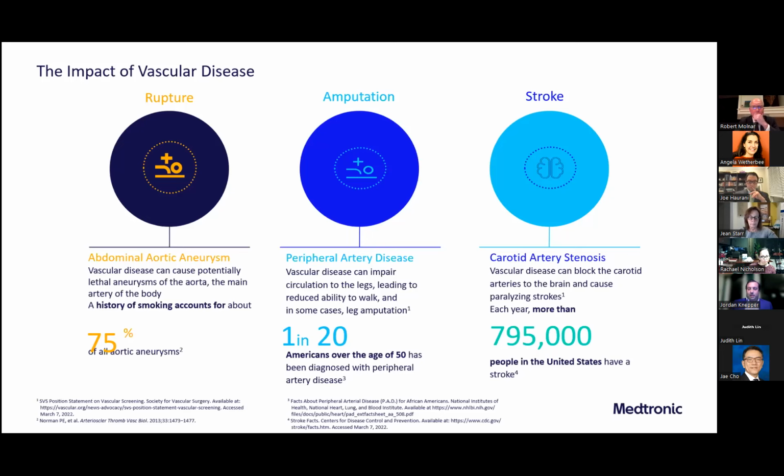Just like we were talking about ABIs or surveys to do PAD screening, we can utilize our existing resources and our medical records to identify those at high risk for these conditions. Furthermore, we can utilize stroke risk factors as well, and really target those people to decrease the number of disabling strokes that occur. So with our screening programs, we're going to be focusing on, as we say, aneurysm, amputation, and stroke prevention.